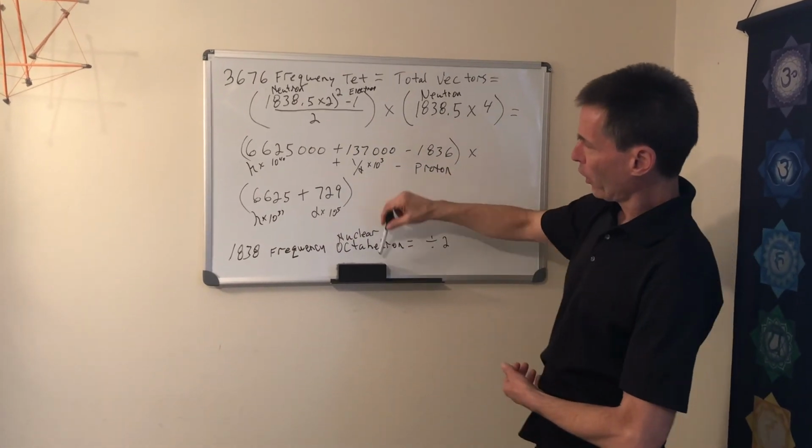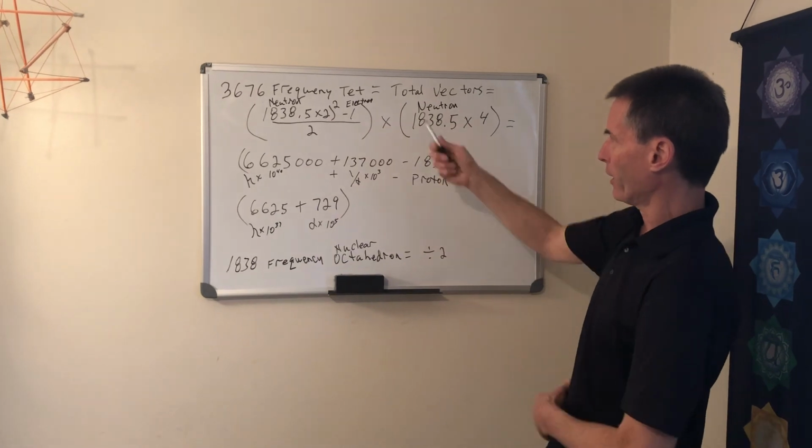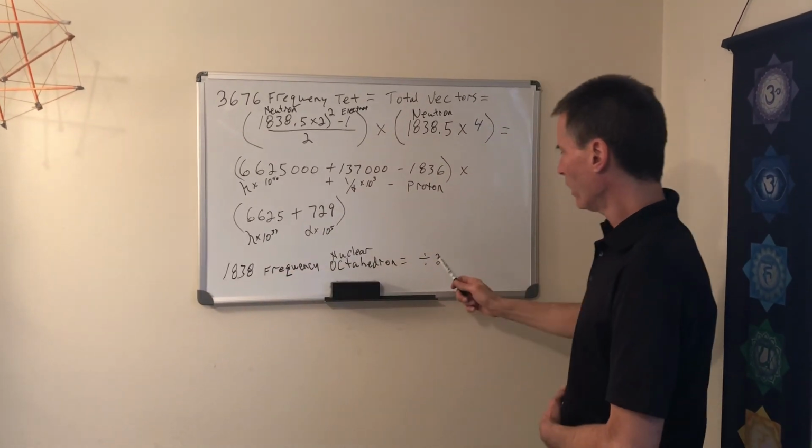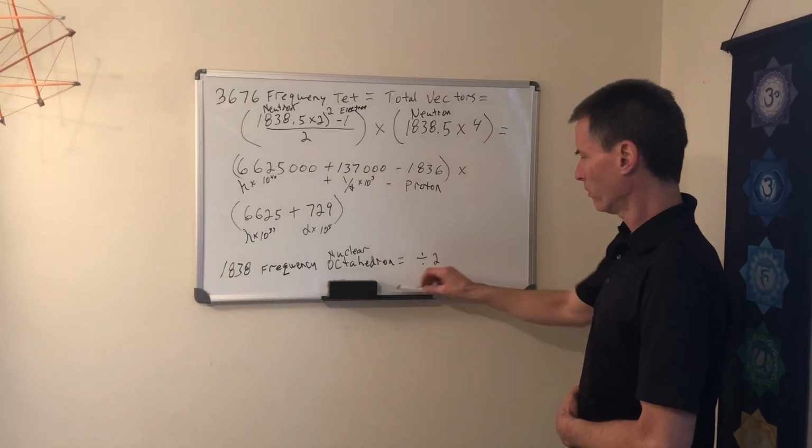Very interesting. Now the nucleoctahedron at its center, if you were to truncate that tetrahedron, you got that octahedron, which is the 1838 frequency. Divide those vectors by 2.